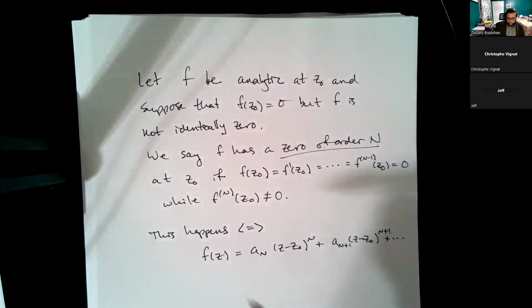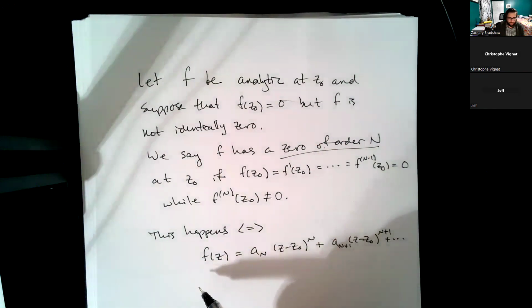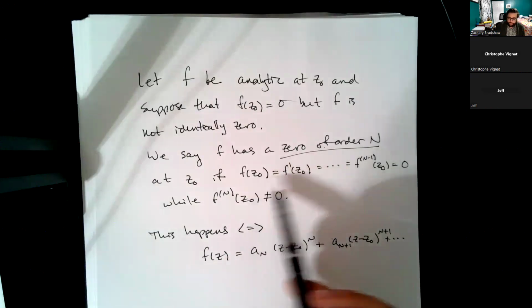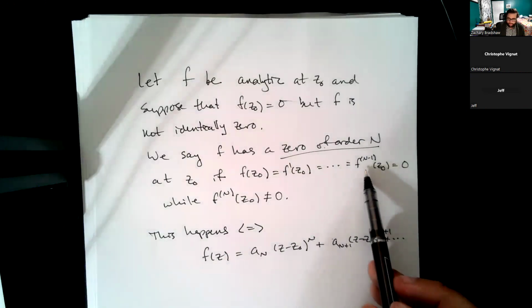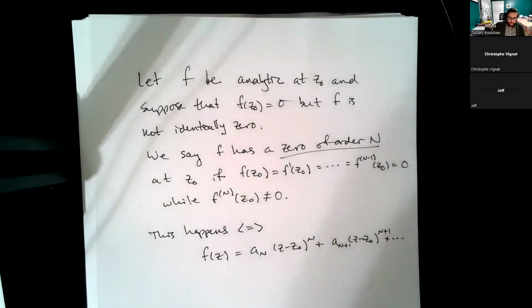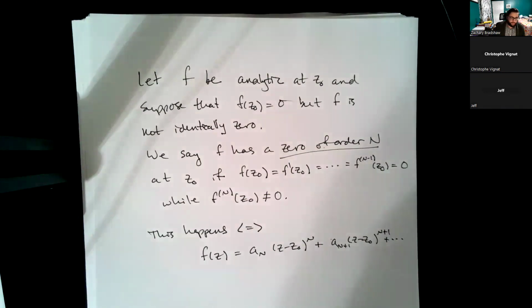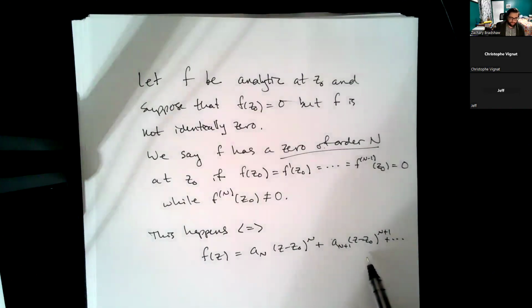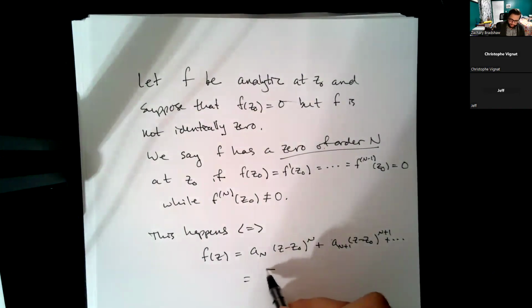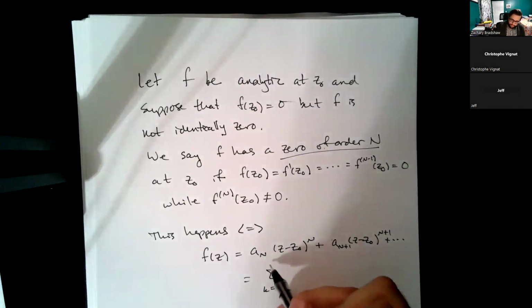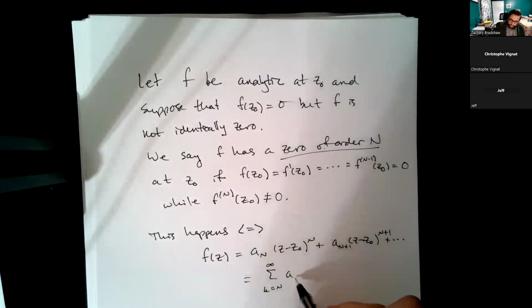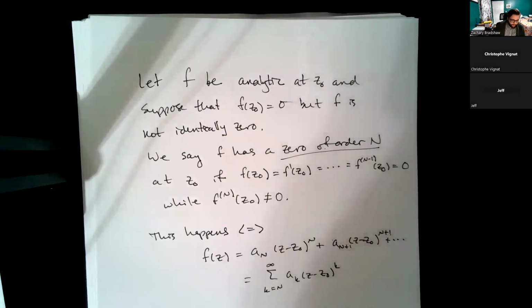How do we know this? Because, well, if we write f in its power series form, we know that all of the derivatives up to and not including n are 0, and these form the coefficients, except for a factorial. Right? So all of the first n coefficients are all 0, and so we must have this form. Okay, so this is just the sum k equals n to infinity of a_k (z minus z naught) to the k.